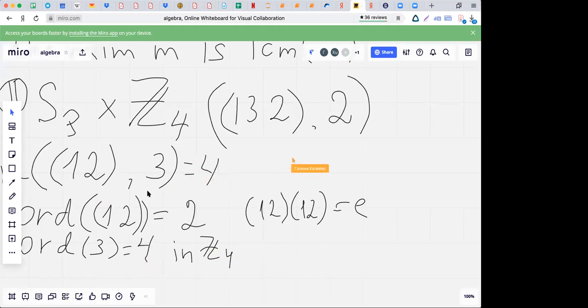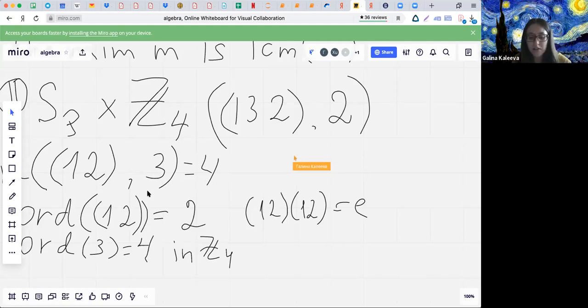Excuse me, can you please repeat? What did you write there? I mean, what is this (1 3 2) and 2? Like, what is it for? Okay, this is the 3-cycle. (1 3 2) in S3 is the following permutation.